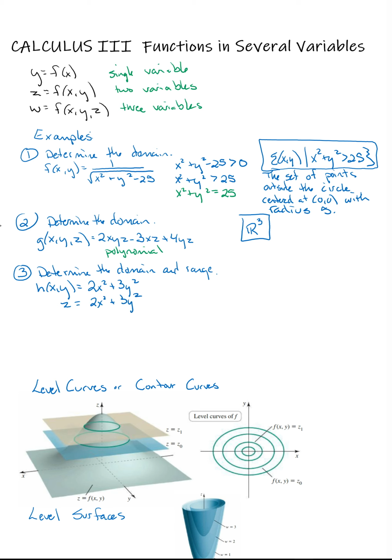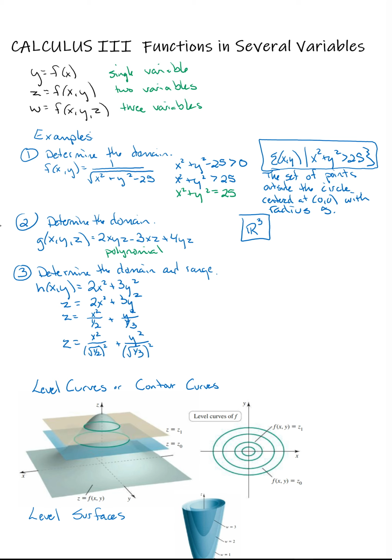And if you remember this, I could write this as x squared over 1/2 plus y squared over 1/3, which is the same as z is equal to x squared over the square root of 1/2 squared plus y squared over the square root of 1/3 squared.